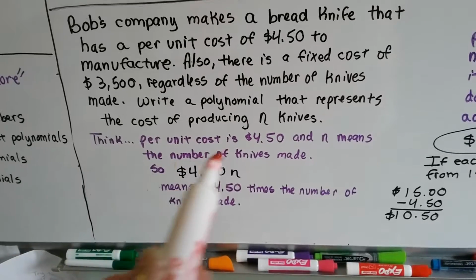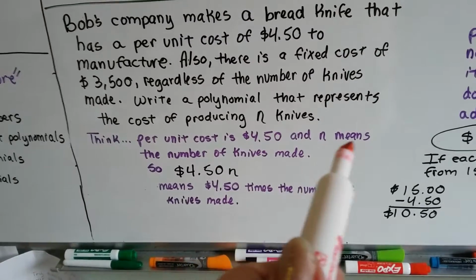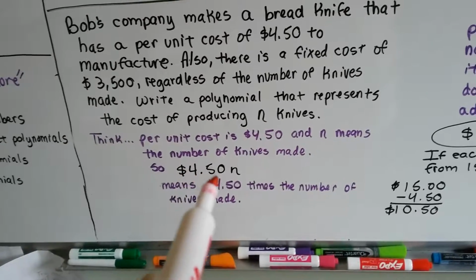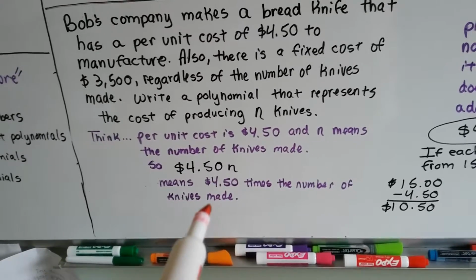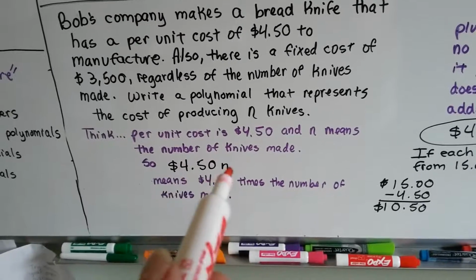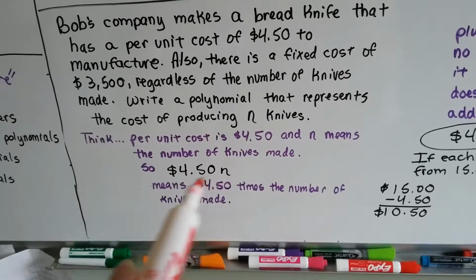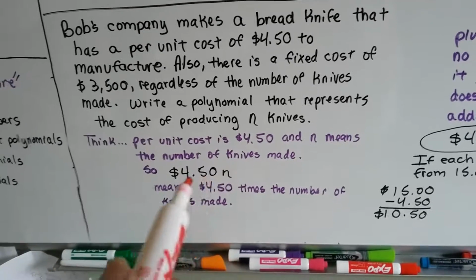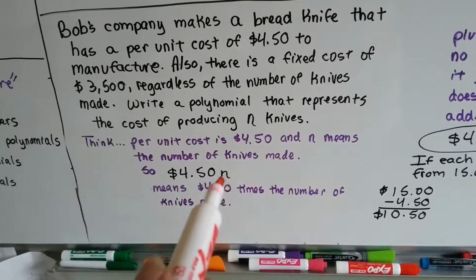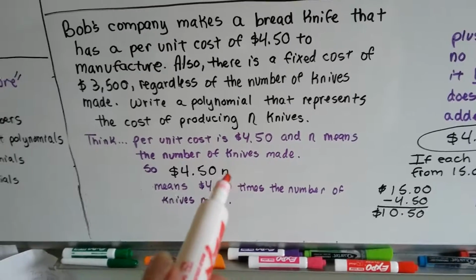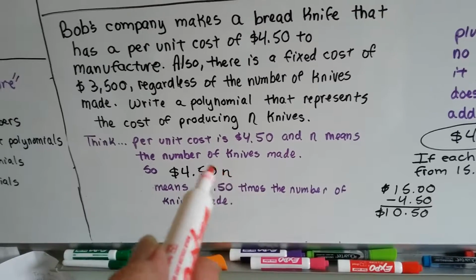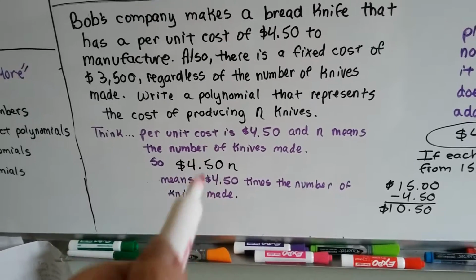So we think, well, the per unit cost is $4.50 and n means the number of knives made, so we know $4.50 times n. And then that way we would be able to tell how much it would cost if they made 10, 20, 30, 40, 50, 60 knives, because we would just multiply that number by the 4.50, and we would get the cost.